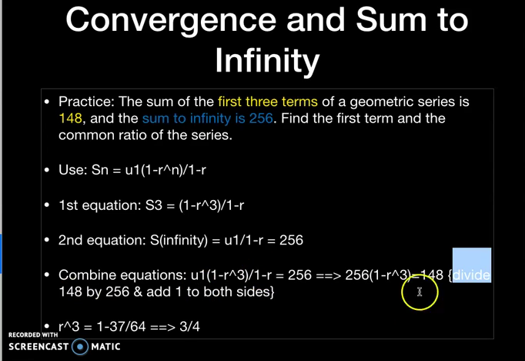We'll put 256 under 148, and we'll move this 1 right here to the other side. What we'll get is 1 over here, as you can see, and we'll have r to the third left alone. And this is what we want, because we want to get r.